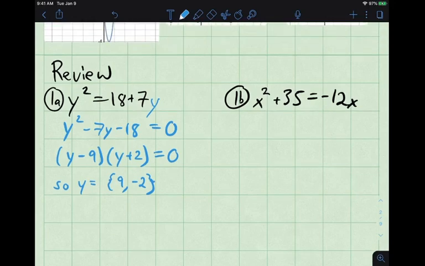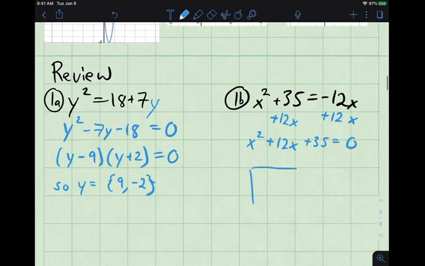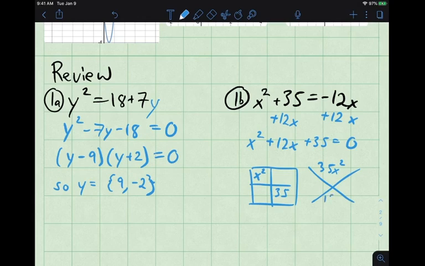For 1b, let's solve this. We have to add 12 to both sides. It helps to write them in decreasing order. Maybe this time I'll draw the box and the diamond. X squared. Middle term goes here.